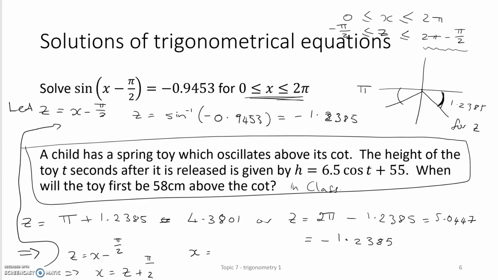So x equals 4.3801 plus pi by 2, or negative 1.2385 plus pi by 2. And we can work them out as numbers. The first one would be 5.9509, which just squeaks in under 2 pi, or using the calculator to find this one, 0.3323. Again, it squeaks in, it's above 0.